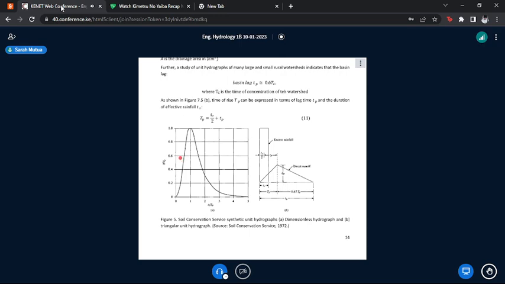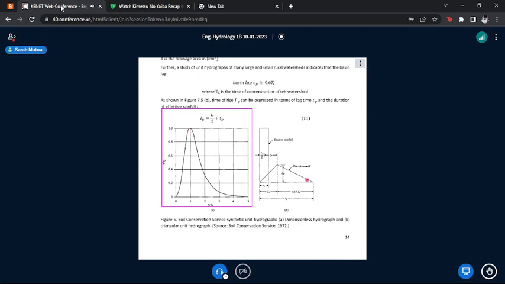But here, in the SES method, we have a unit hydrograph developed by the SES, the Soil Conservation Service of the US. So they have developed a relationship of the unit hydrograph.